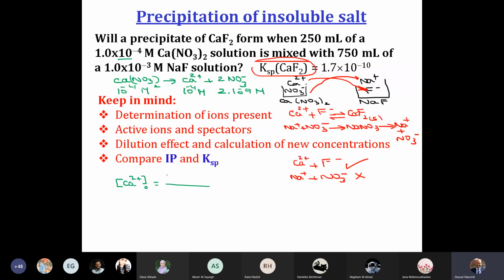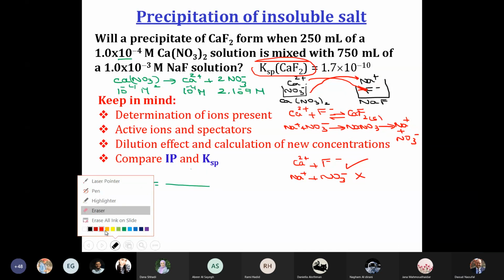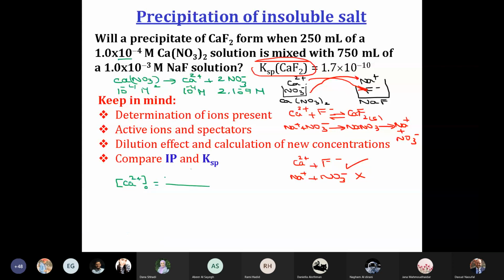So Ca2 plus initial is 10 minus 4 times V initial, so we have 10 minus 4 times 250 ml divided by V total, which is 250 ml plus 750.